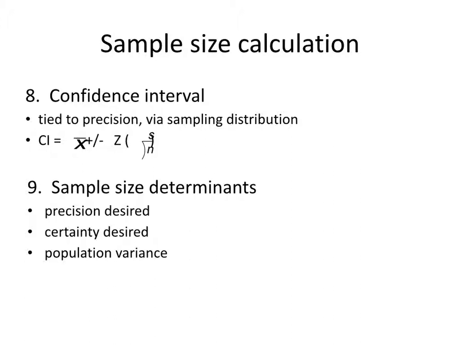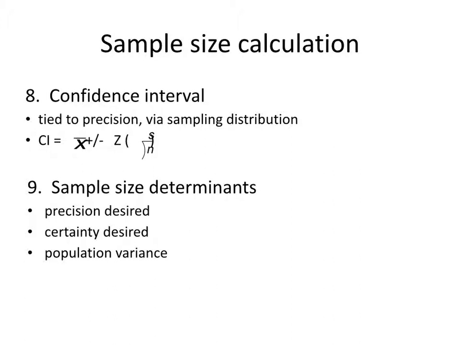The precision is the plus or minus component, so the value of z times s over the square root of n determines the range of our confidence interval. And s over square root of n is an indication of the variance in the population, which is what affects our certainty. There are similar equations for estimating confidence intervals for proportions, and we'll look at those later.